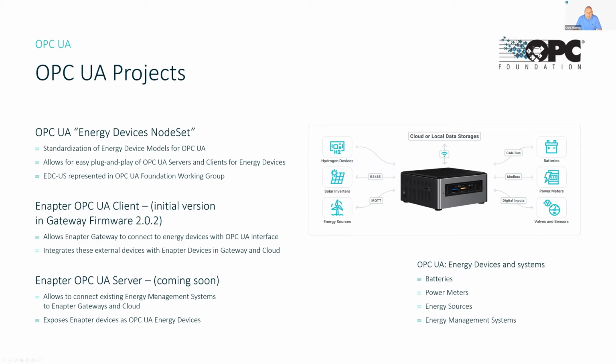And we here work on the OPC UA server, which is the invert for external energy management systems that want to get data out of the Enapter system and then use for centralized management that might have existed before the Enapter system was installed. There's a big need for connecting multiple energy management systems in a bigger system.